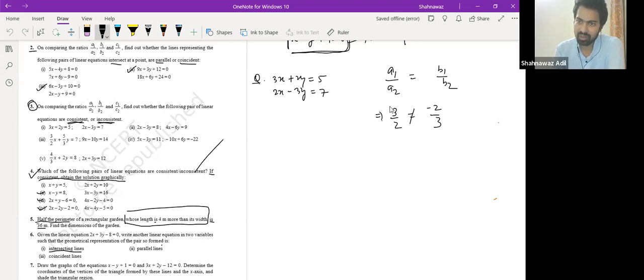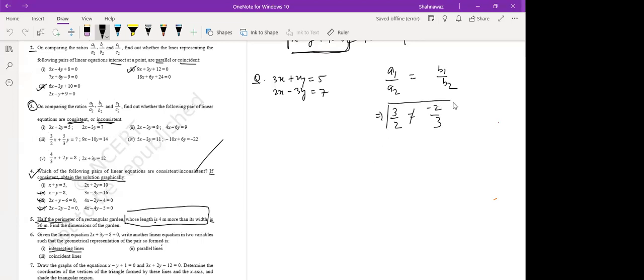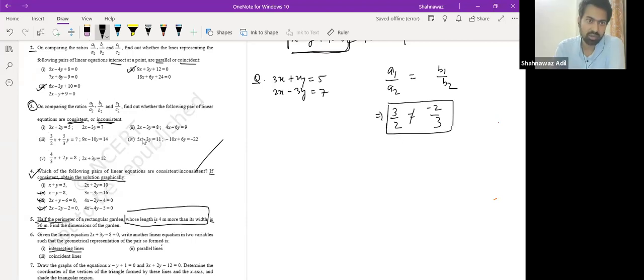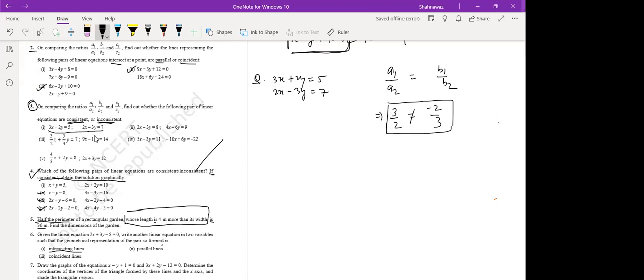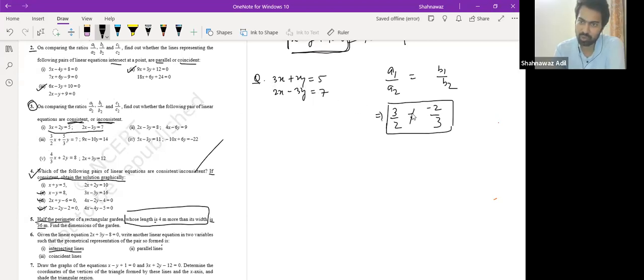So where were we, Amar? Yes, we can see A1. Actually, we were doing this first question, right? In the first question, there's no minus, because we have 2 by minus 3.